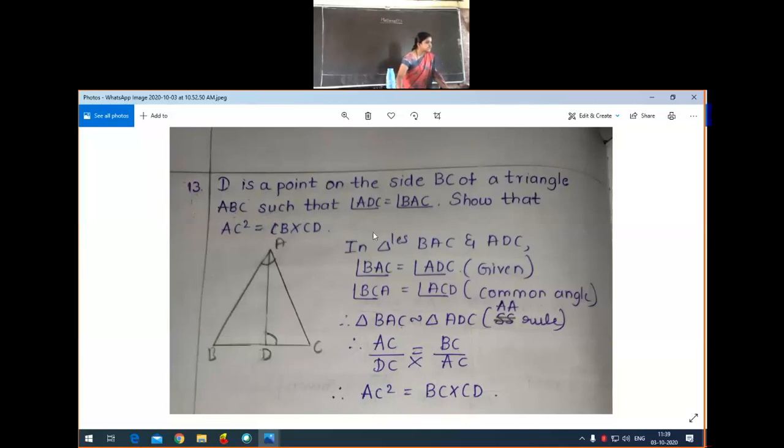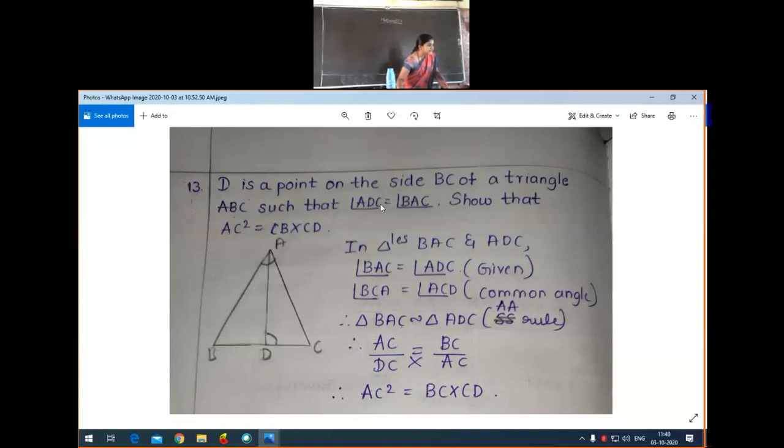First we will take the triangles BAC and ADC. We take the big full triangle ABC and another one, ADC. Why do we choose these? Because this angle is equal to this angle. In triangles BAC and ADC, angle BAC is equal to angle ADC, given.